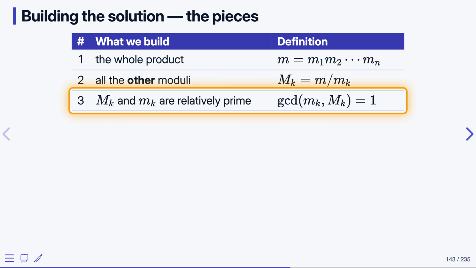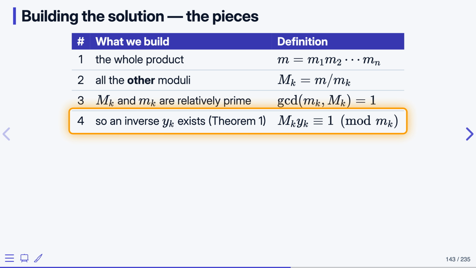Now, big M sub k and m sub k share no common factor. Why? Because the moduli are pairwise relatively prime, so none of the others shares anything with m sub k. 4. Since they are relatively prime, Theorem 1 guarantees an inverse.